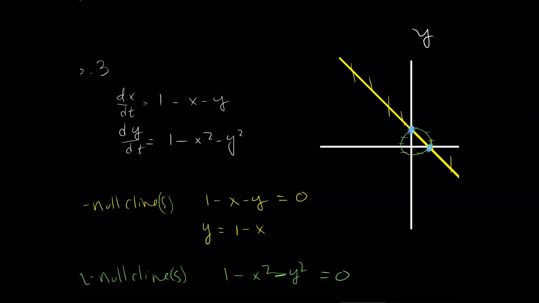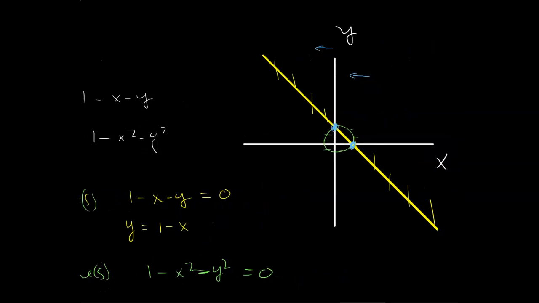So let's take a test point, for instance. Say we took a test point up here. I would maybe let x be 0 and let y be 10, something that's obvious. Well, if that were your test point, then your equation with 0 and 10 would be negative. So everything above has a negative derivative of x, which tells me everything up there is going sort of to the left when it comes to your x values.